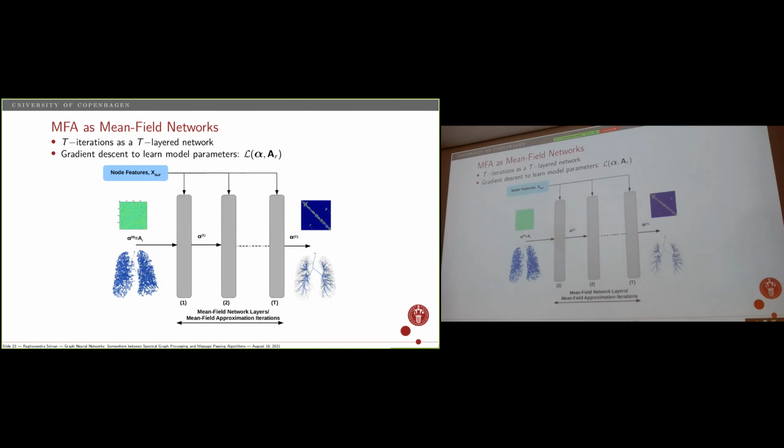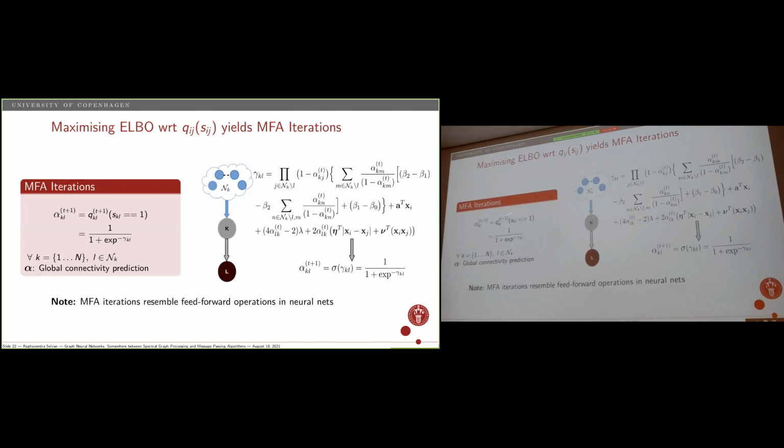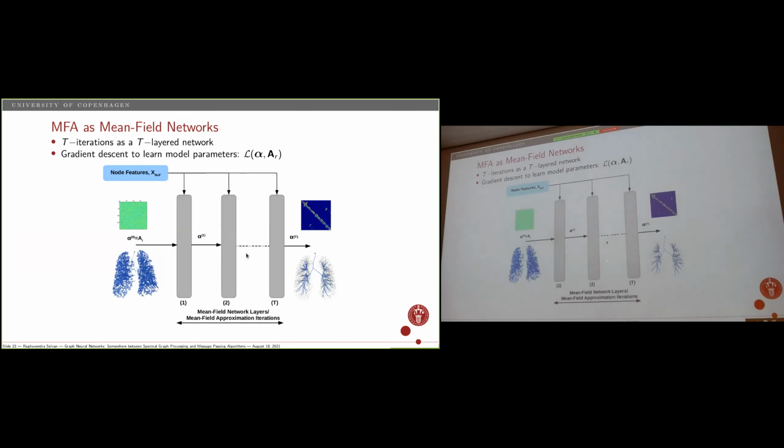So we take this iterative algorithm, and because of this type of structure, we take each iteration and write it out as a layer in a neural network, which has a handful of parameters. So instead of T iterations, it becomes a T-layered mean field network with only about 46 parameters. And then you can learn those using backpropagation, because we have some labels for our data here.